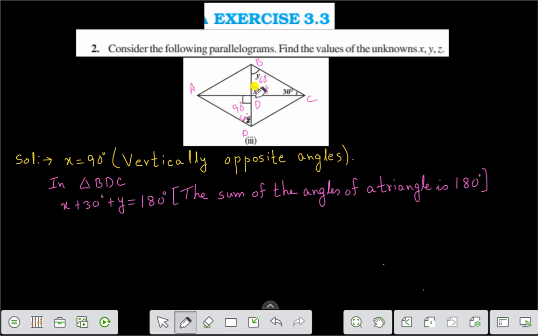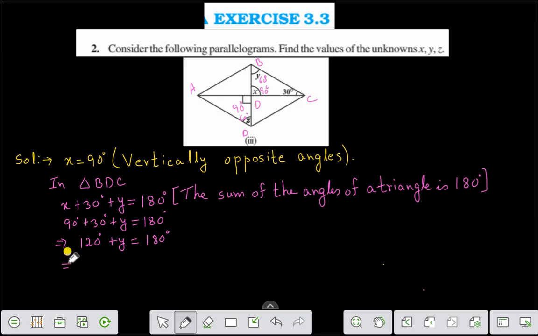Right? Now the value of x we got 90 degree. Therefore 90 degree plus 30 degree plus y is equal to 180 degree. Now the value of 90 plus 30, that is 120 degree, plus y is equal to 180 degree.